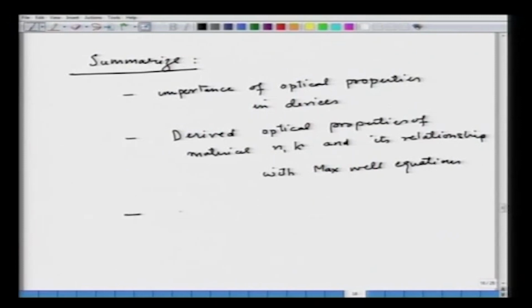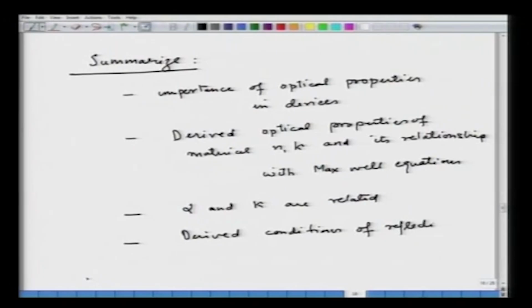And then finally, we showed how alpha and kappa are related, and we derived the conditions of reflection using EM waves.